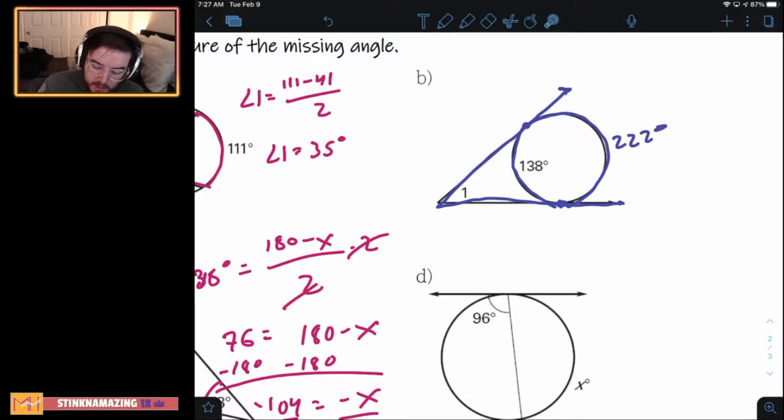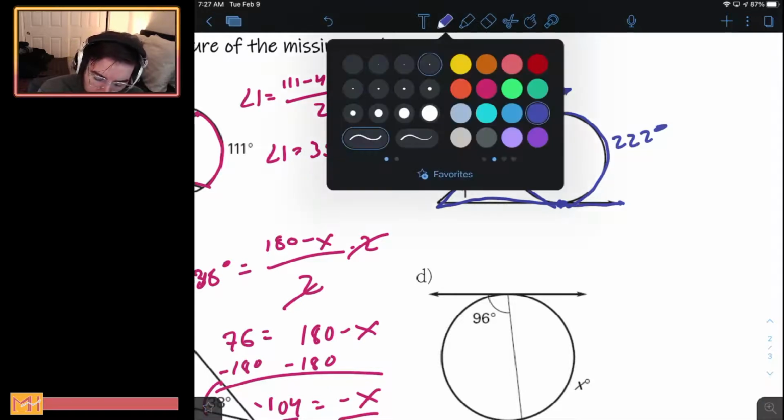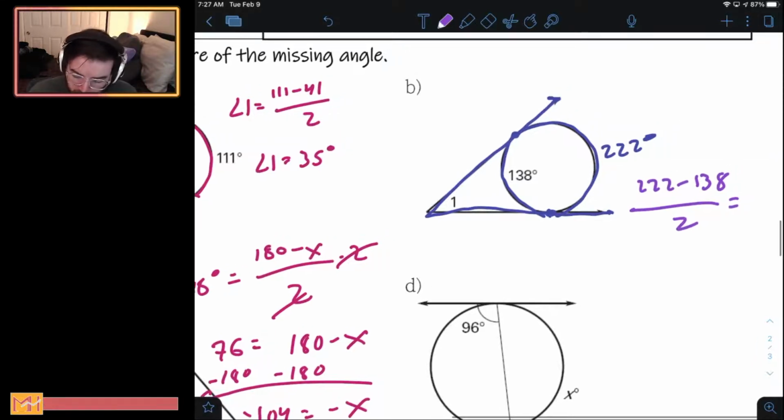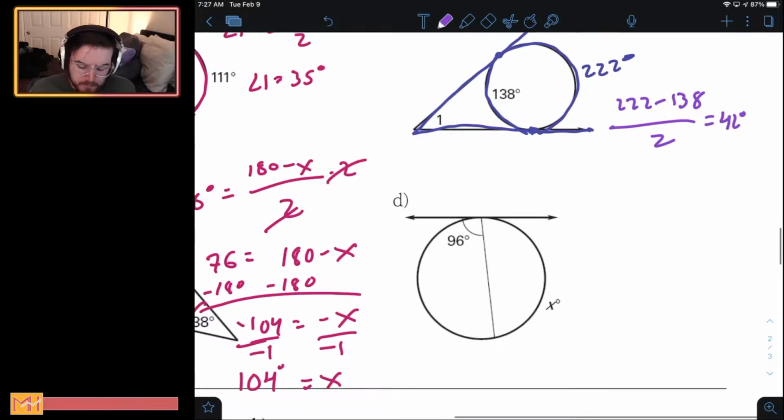So there's only 2 arcs here, and they have to add to 360, of course. So big arc is 222, small arc is 138. So 222 minus 138, divided by 2 is 42 degrees. Okay. Big arc minus small arc equals angle.